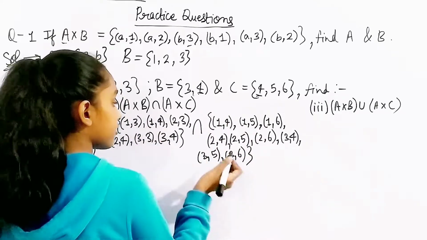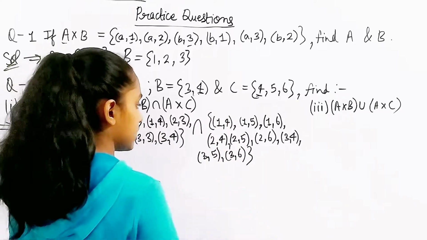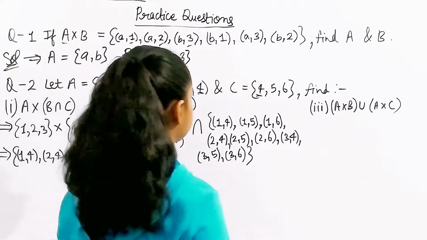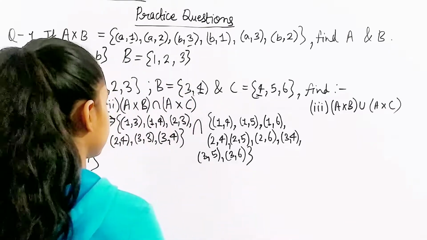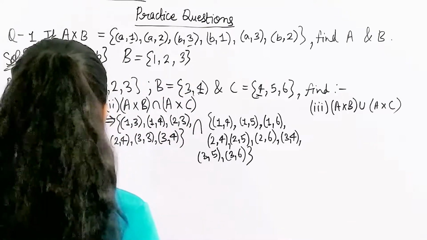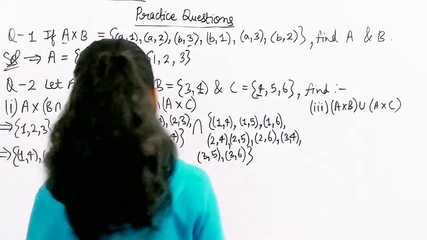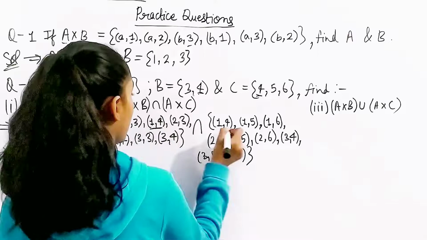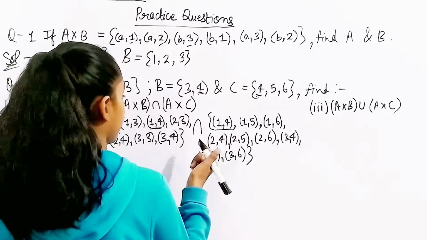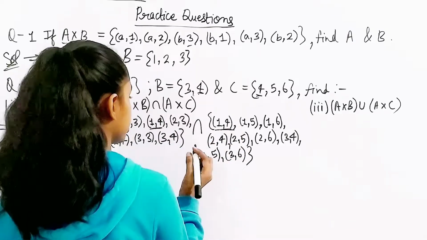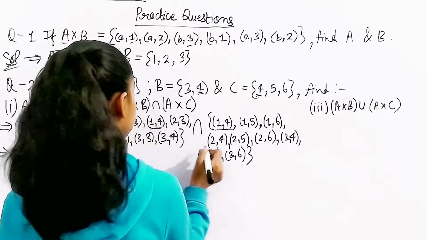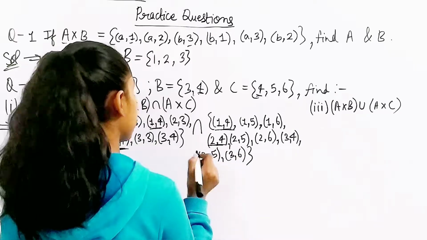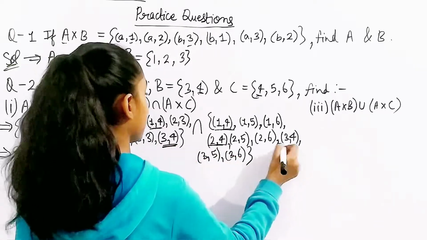So another intersection, like what's common? I can see 1 to 4 and 2 to 4 and then 3 to 4.